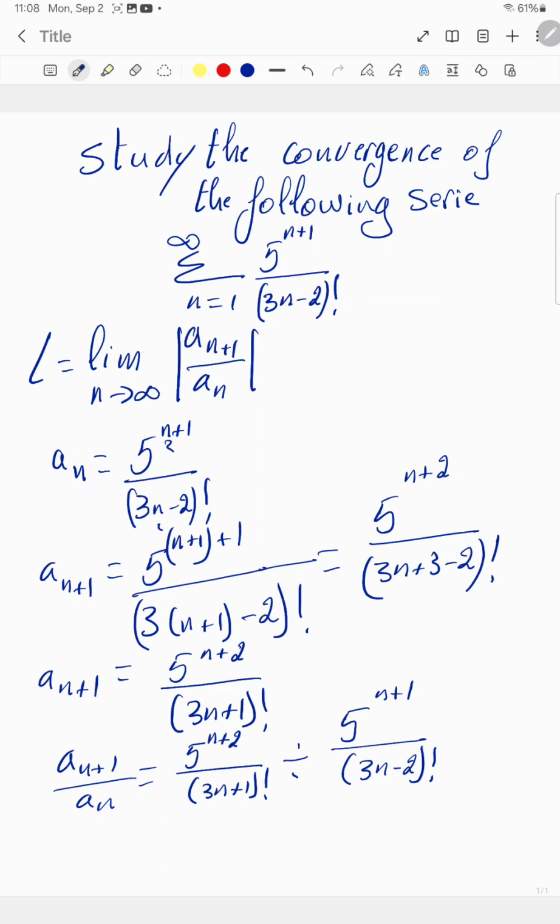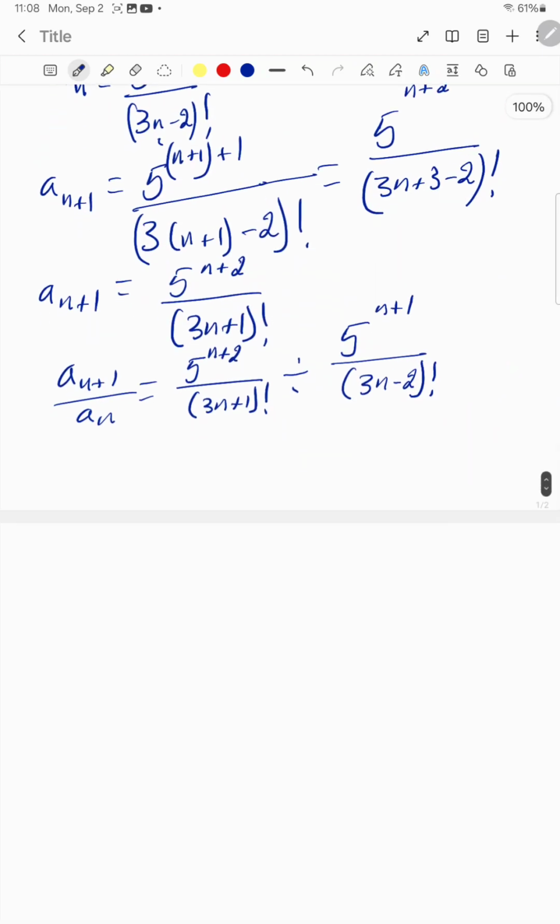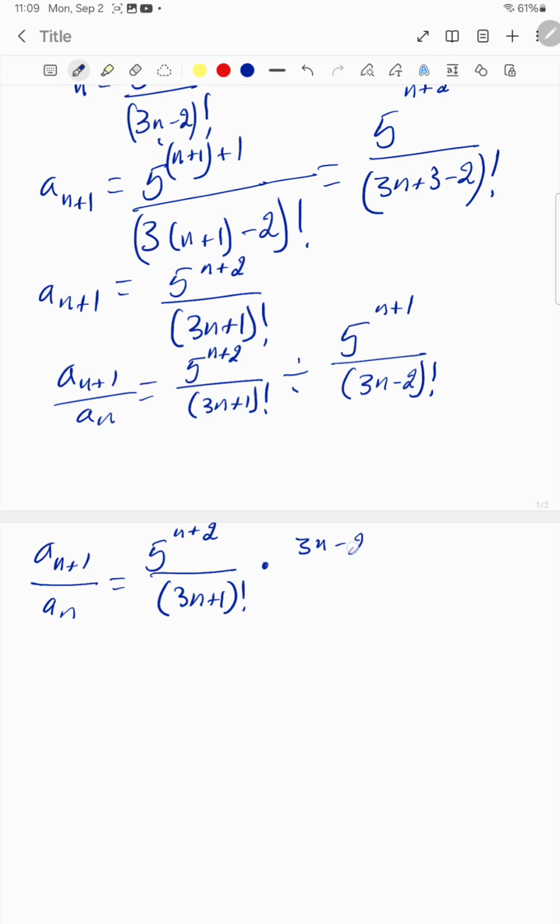And I have a division of two fractions. It becomes multiplication, but I will inverse the second fraction. So a(n+1) divided by a(n) is equal to 5 to the power n plus 2 divided by (3n plus 1) factorial, multiplied by (3n minus 2) factorial divided by 5 to the power n plus 1.